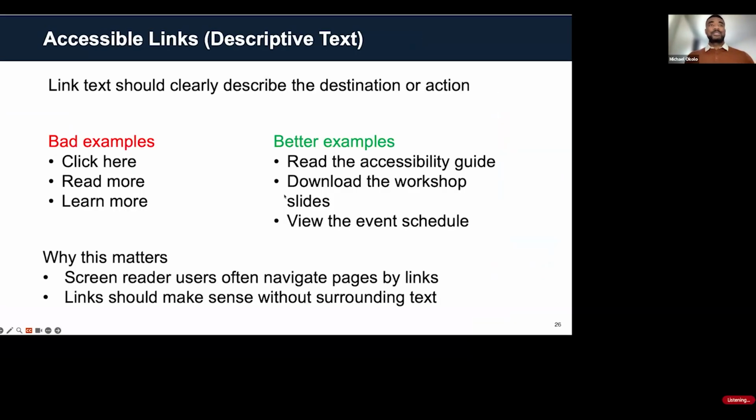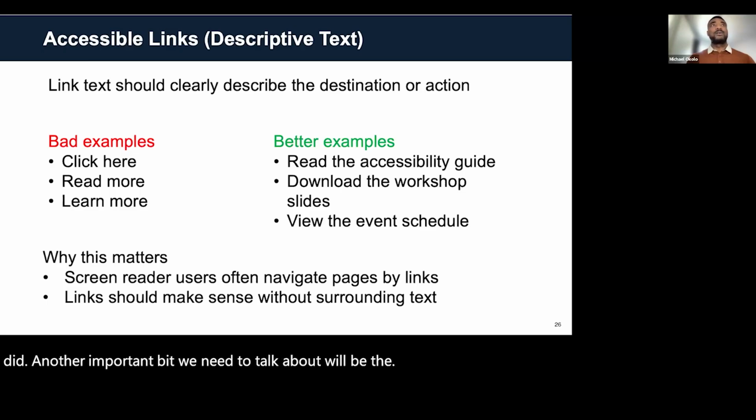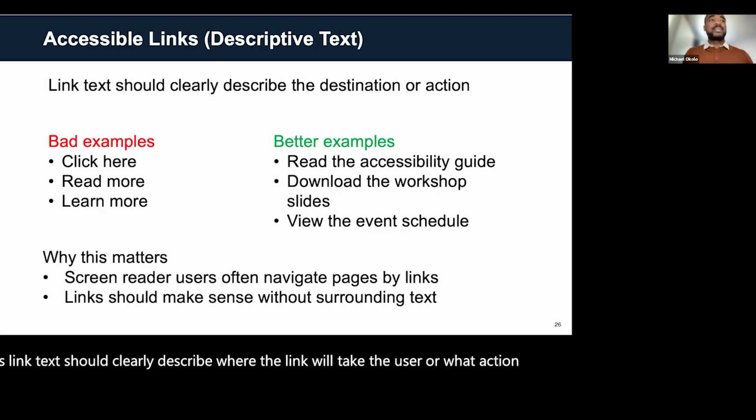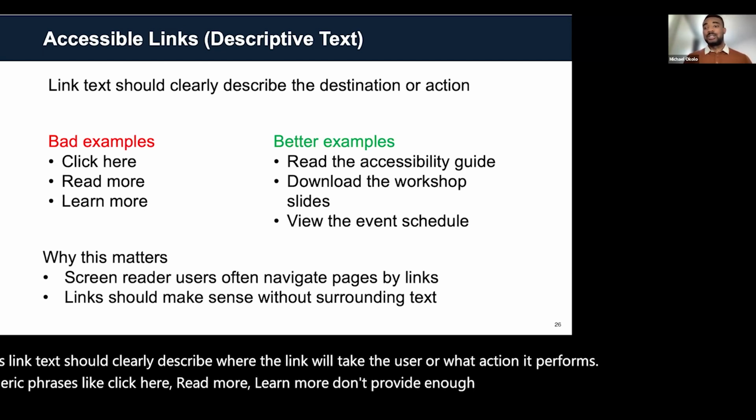Another important bit we need to talk about will be accessible links. Link text should clearly describe where the link will take the user or what action it performs. So generic phrases like click here, read more, learn more, don't provide enough information about the destination.